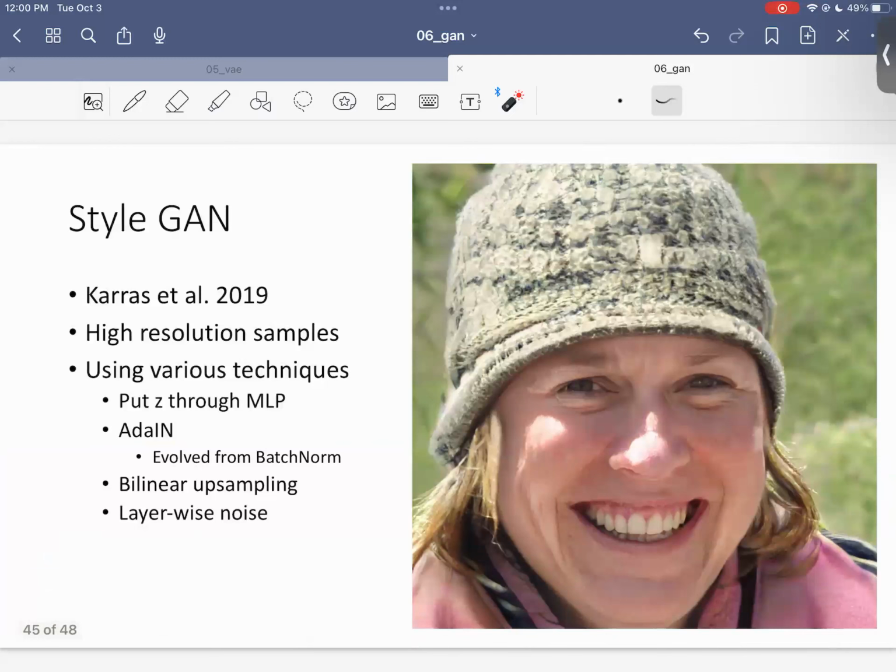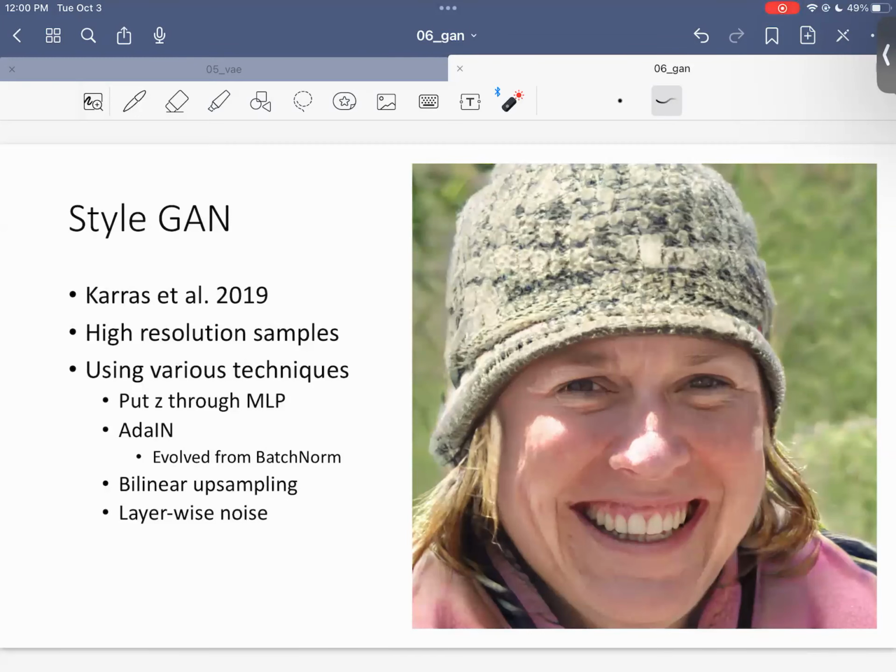Right, and the last one is StyleGAN. StyleGAN is probably the first model to generate extremely high quality, high resolution images. I think it comes from NVIDIA, using various techniques. Instead of putting Z directly into G, it massages Z through a multi-layer perceptron, multiple layers of MLP.